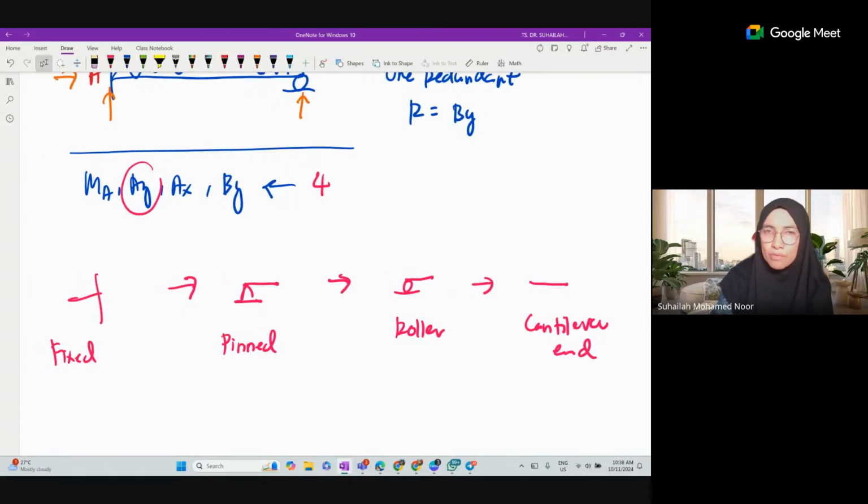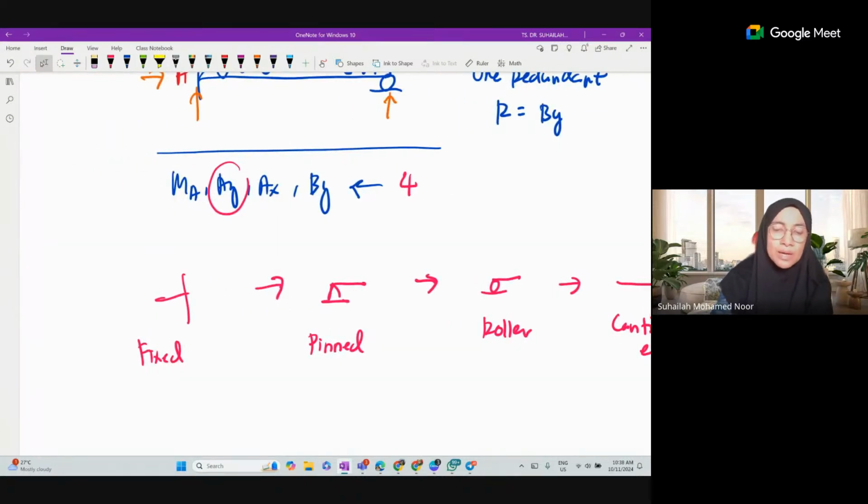Start from fixed, remove one, it becomes pin. If it is pin, we remove one, it becomes roller. If we have roller, we remove one, it becomes cantilever end. So that is why we cannot simply remove AY.